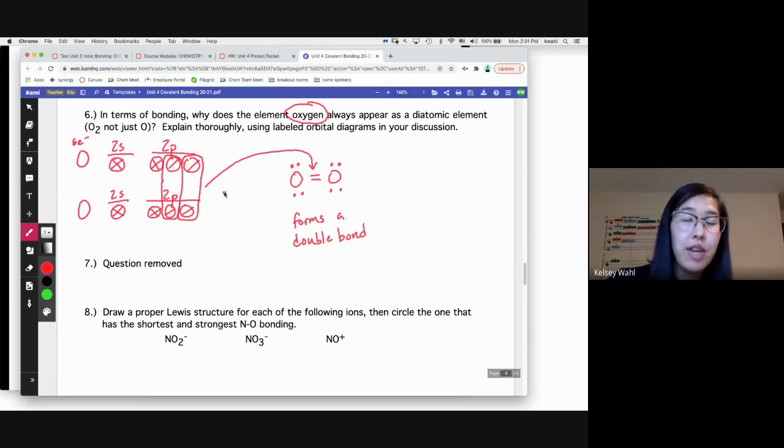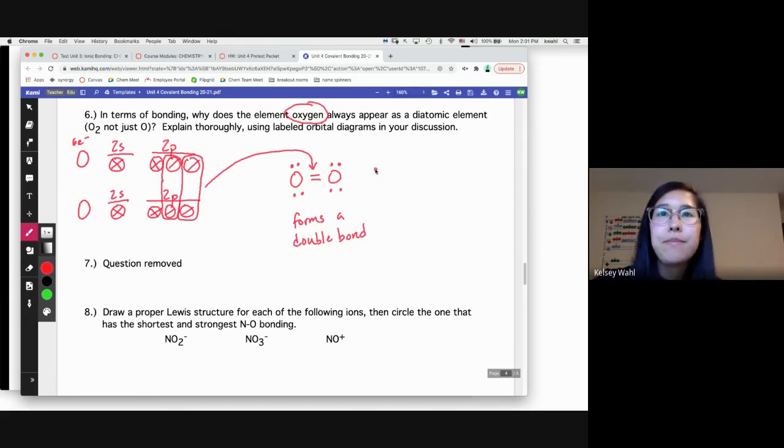To draw the orbital diagrams and do the Lewis structure to show how those relate and how they would share their electrons and why they would be diatomic. So remember, that would be hydrogen, nitrogen, oxygen, fluorine, chlorine, bromine, or iodine would all do that. But you might get a different type of bond for each of those.